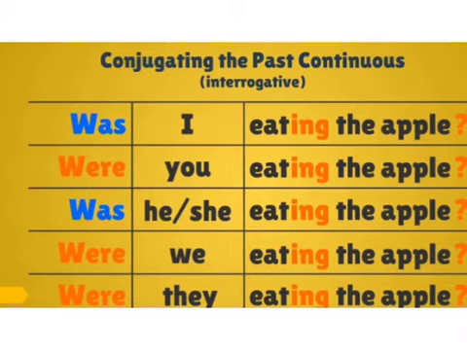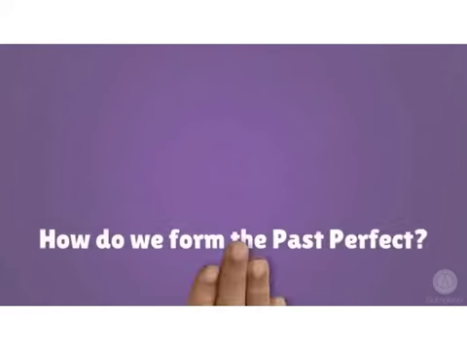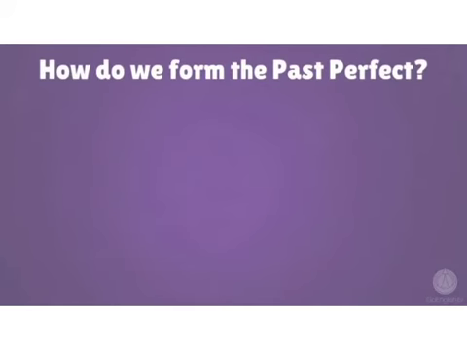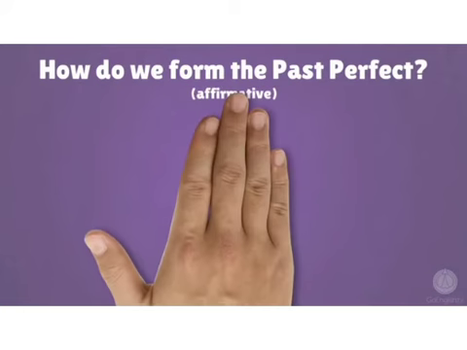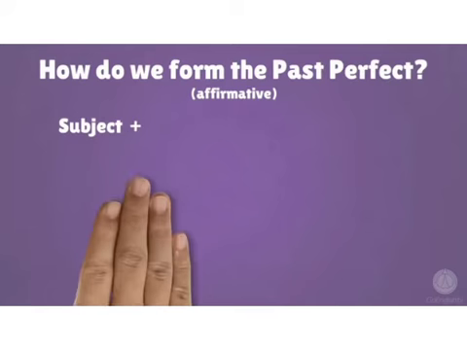I hope it's clear for you. Now let's move on to the past perfect tense, which expresses one of the two past actions which had completed earlier. Let's see how the formation of the past perfect tense is. Let's consider an affirmative sentence.